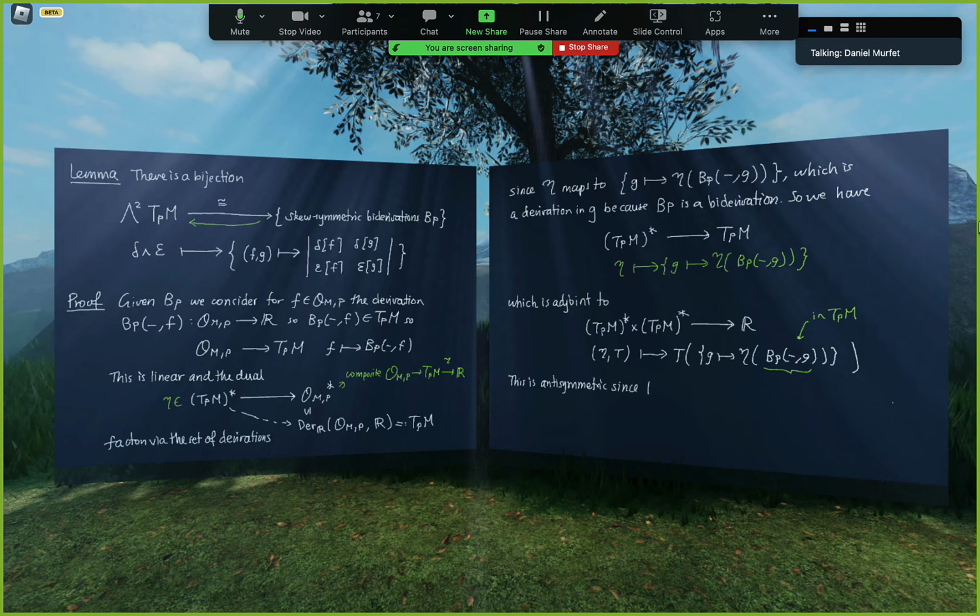Since BP is, and hence factors through the universal antisymmetric map, which is the wedge product.